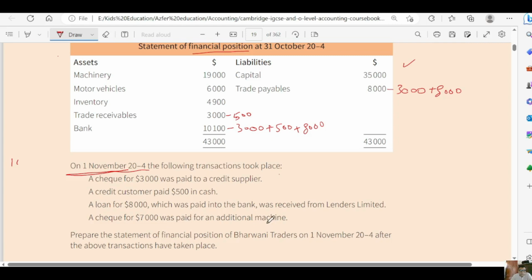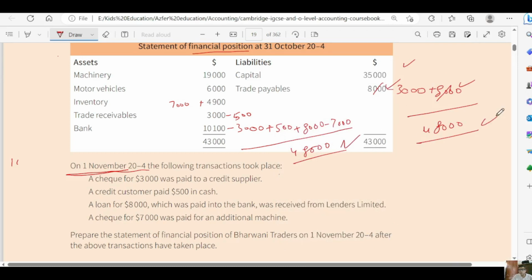Okay, so they bought machinery of 7,000, but his bank account will also decrease by 7,000. Okay, now we have to add both sides, and both sides must be equal to 4,800, so both sides are equal.